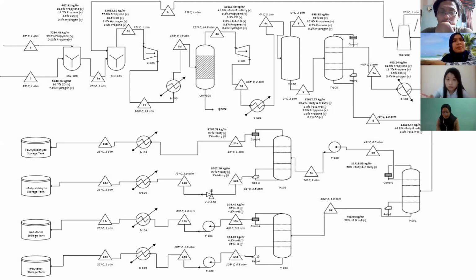And some of your symbols are rather weird as well, like the VLV 100. What is that actually? The one between 12A and 12B. It's a pressure reducing valve, doctor, PRV. I think you should include in your PFD the full name for each equipment.